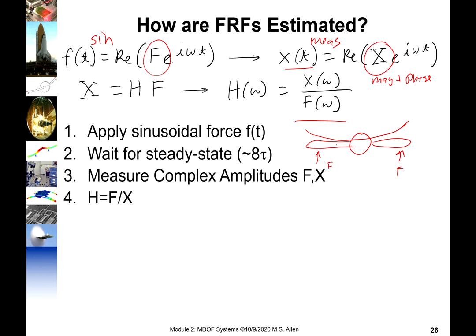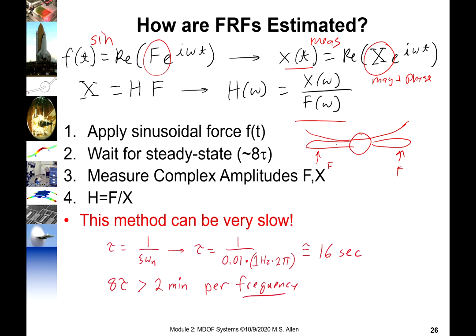But the downside to this approach is it's very slow. How long does it take to get to steady state, right? Well, for an airplane, say the first natural frequency might be about 1 hertz and the damping might be about 1%. So the time constant's 16 seconds, 8 time constants, we're talking about 2 minutes.